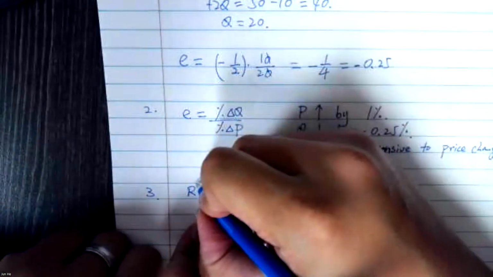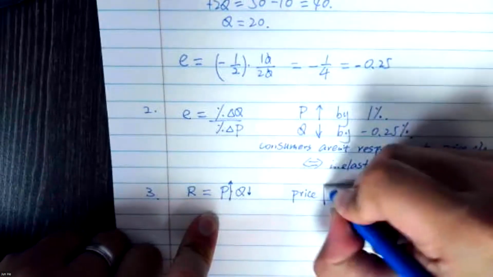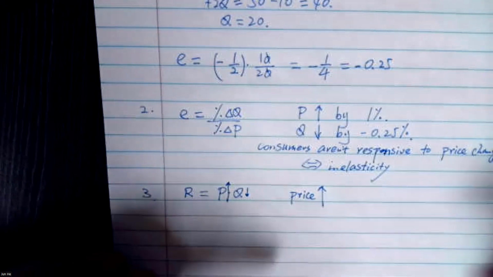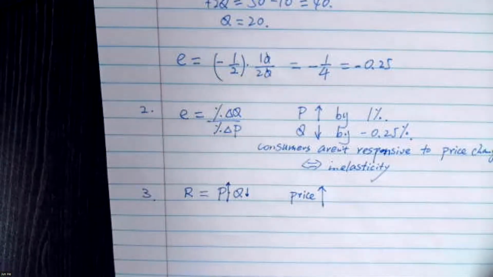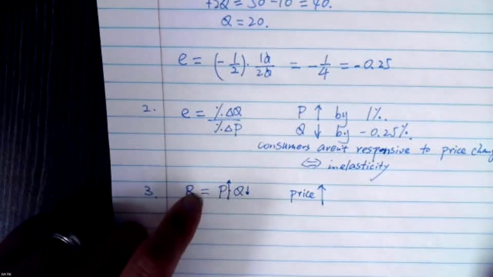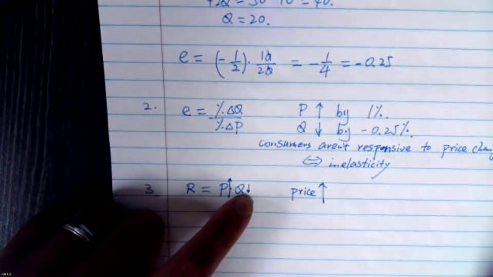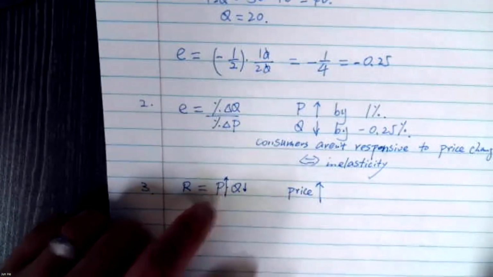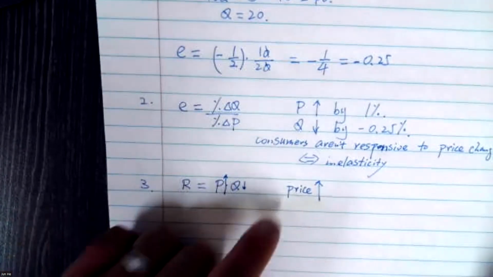Then, in order to increase your revenue, you should increase the price, because the consequence of a price increase is not that much. The reduction in revenue coming from the reduced quantity as a consequence of the increased price will be dominated by the revenue increase coming from the increase in price itself.